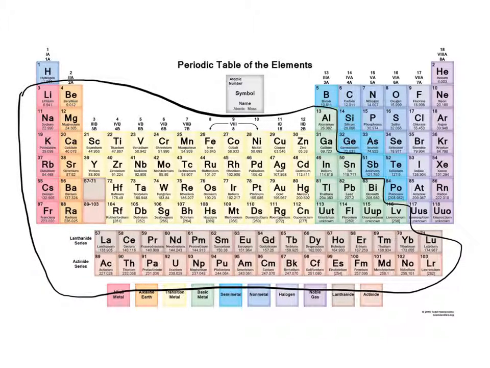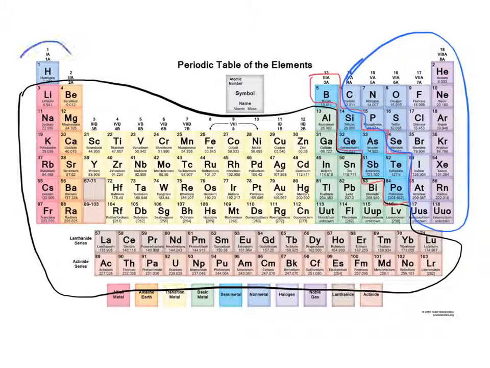These metals here, along this little stair-step section, these elements are known as the metalloids. And metalloids have some properties similar to those of metals and other properties that are not similar to metals. And our final group are nonmetals. That's all these here plus hydrogen over here.